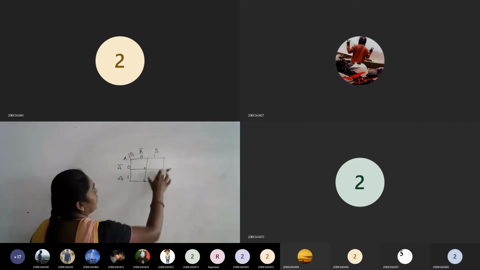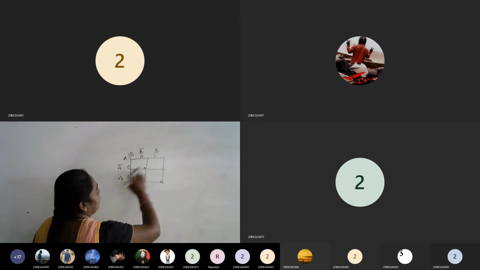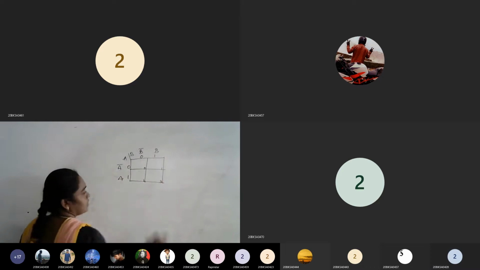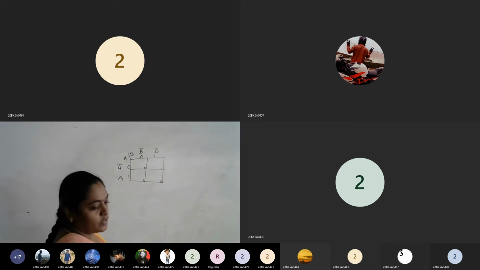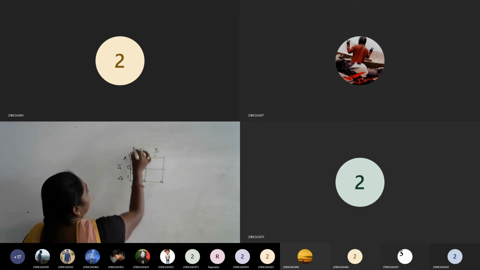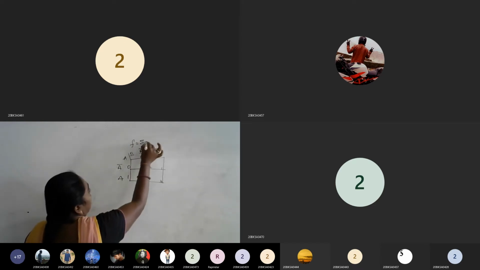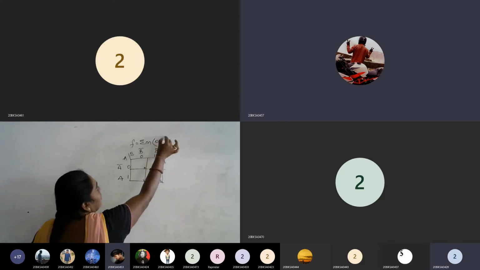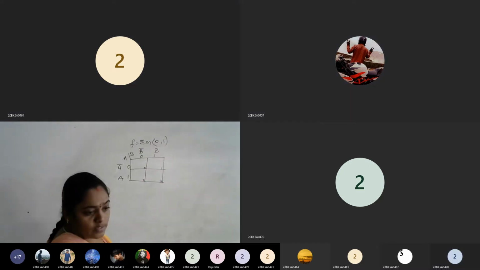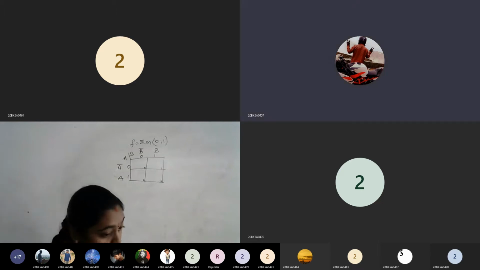So the first step is to draw the K-map, represent either in terms of A or zeros or ones. At the corners, write down the corresponding min terms. Now in the expression, what is given? F is equivalent to sigma m 0, 1. Sigma m means whether it is SOP or POS expression.